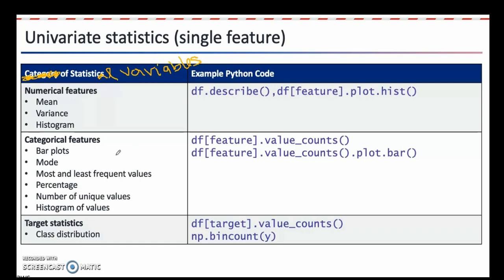So frequency is something associated with the count of those categories, right? So what we see on the second column of this summary here are standard commands we would use in Python and Pandas for performing some of these tasks.